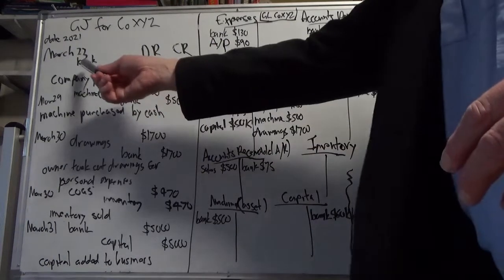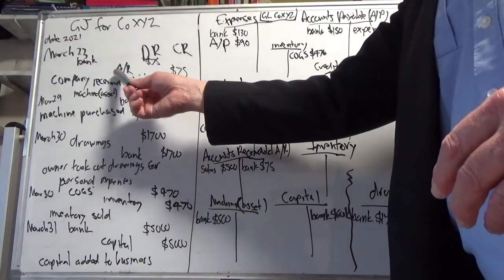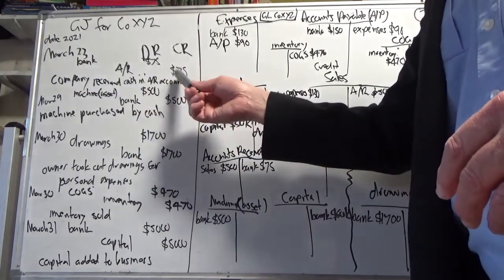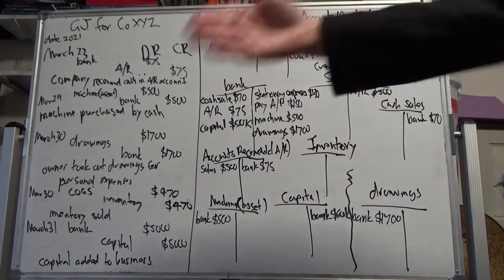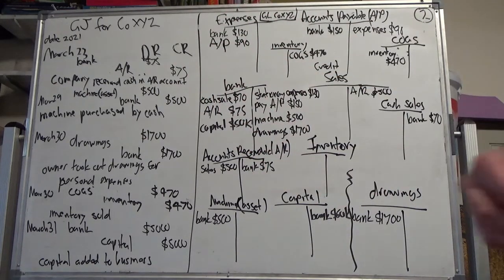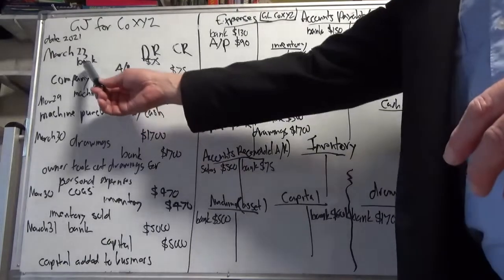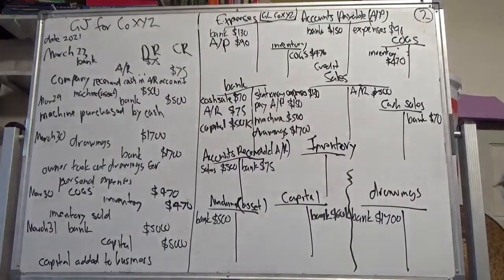So you debit the incoming cash $75 and you reduce the accounts receivable $75, because accounts receivable is like your short-term loan to your customers for credit sales, but when people actually pay the money, you debit the bank and reduce the accounts receivable. That was on March the 23rd.